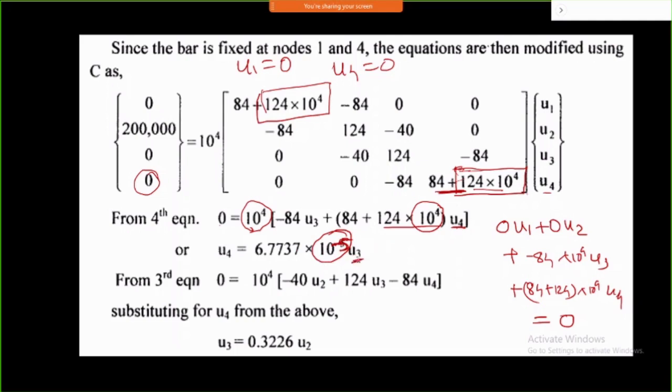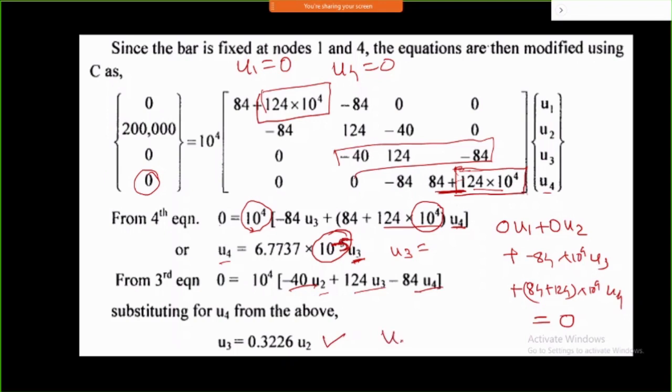And then we got U3 as an equation into this. So you now get U3 and U4 equations. Then you derive this U3 from this and substitute in equation number 3. This is my equation number 3. Then I will now take 40 into U2 plus 124 into U3, 24 into U4, and then determine U2.